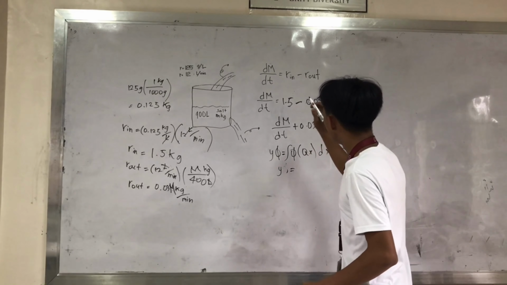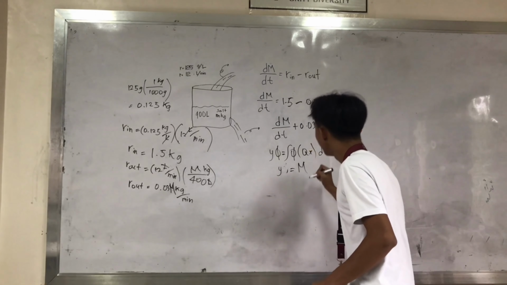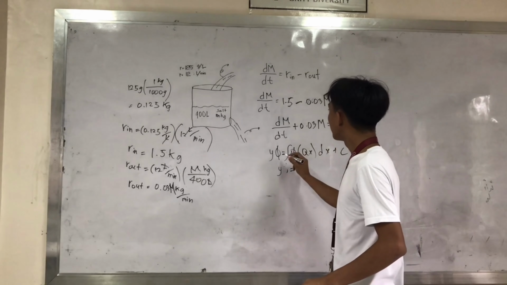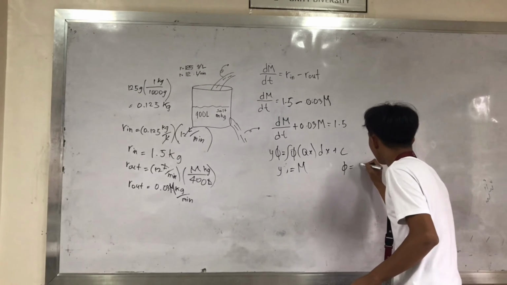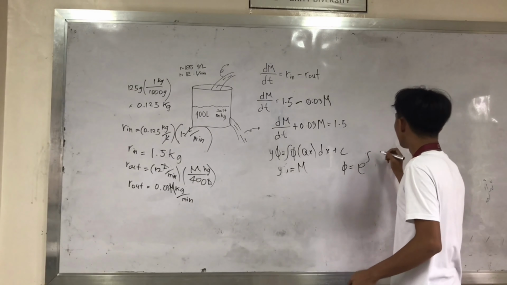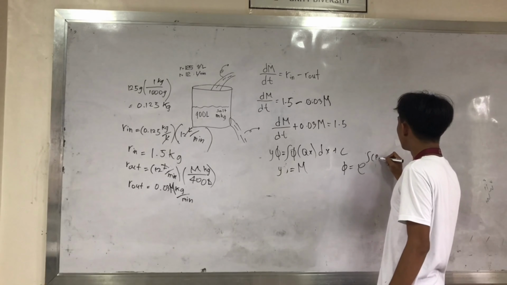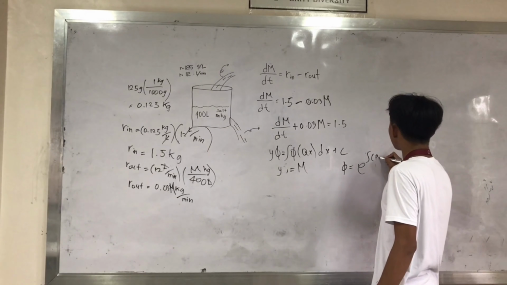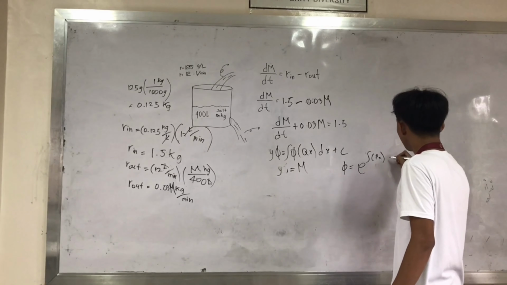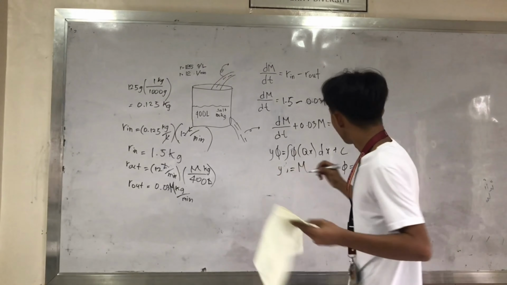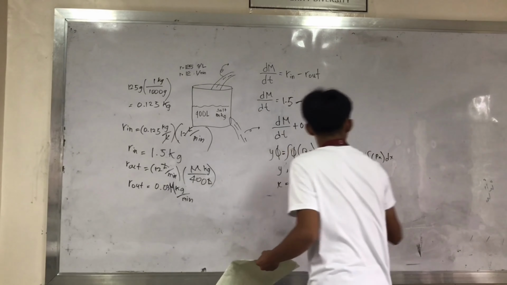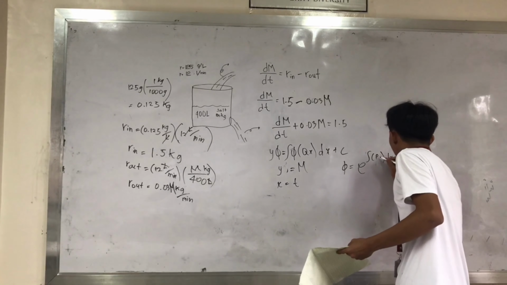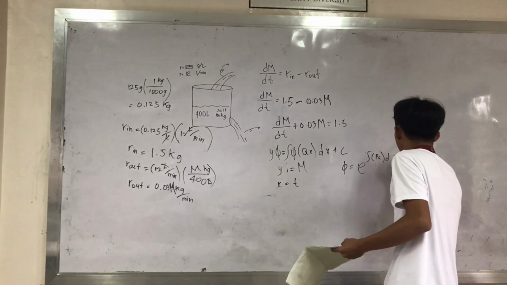The y will represent M, and the integrating factor phi is e raised to the integral of P of x dx. The x will represent t, so replace it with dt.